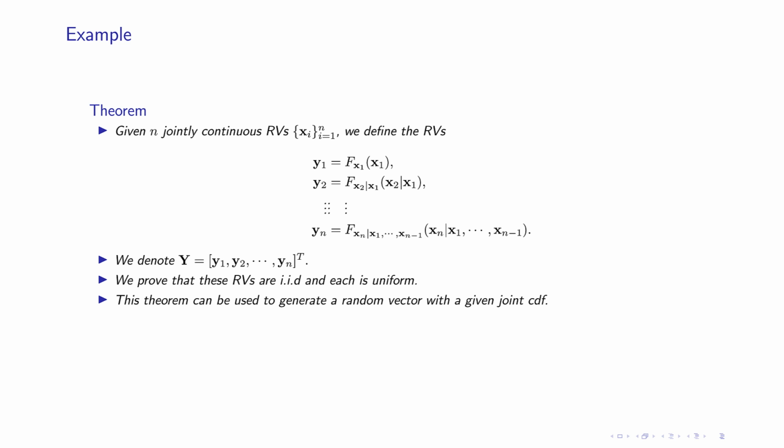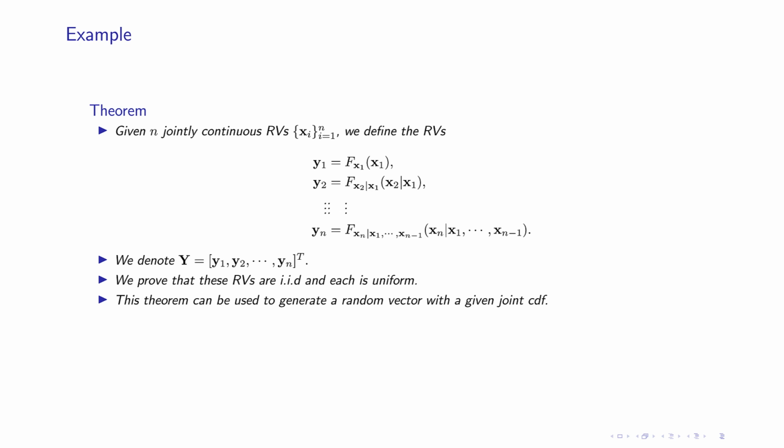So this theorem can be used. I'm not suggesting that this is a good way to generate arbitrary distributions, but this is one of the easy ways to generate a random vector with a given joint distribution.